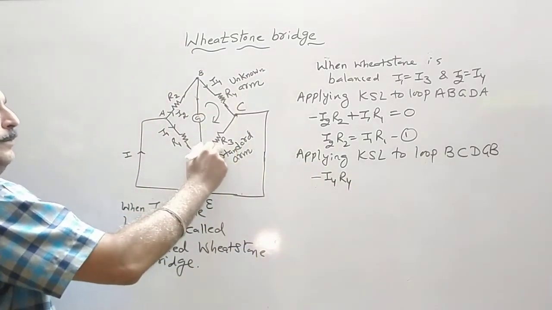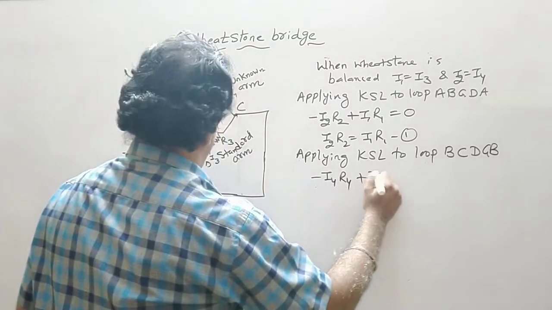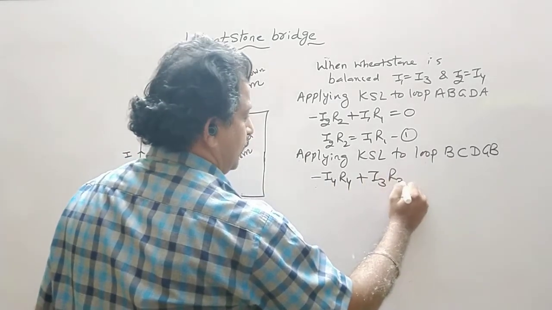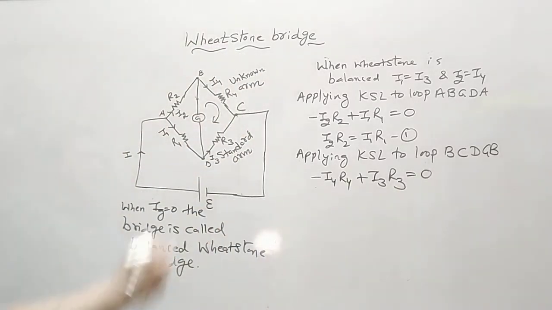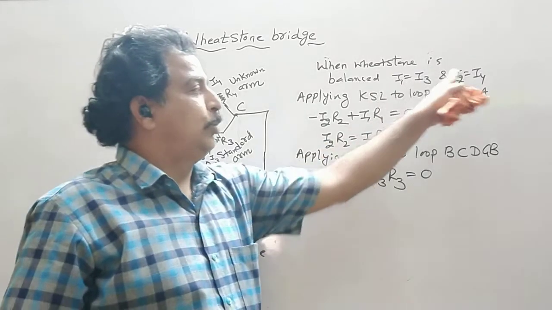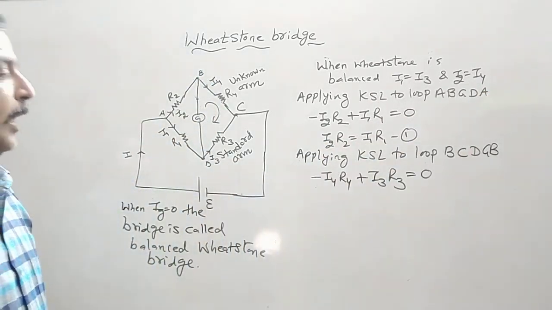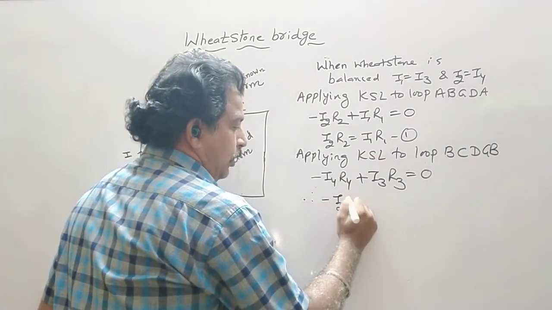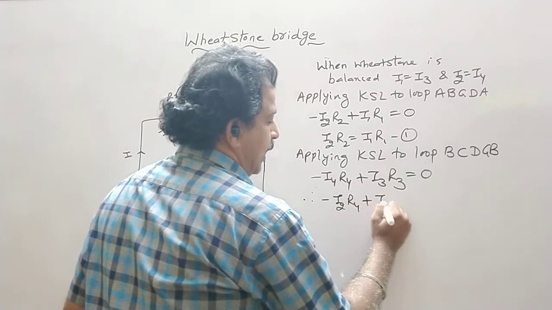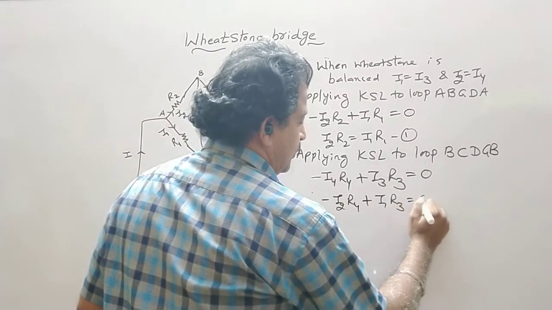Current is coming opposite to us, so I3 R3 equal to 0. There is no current in DB arm. Now I1 is equal to I3 and I2 is equal to I4. So therefore minus I2 R4 plus I1 R3 is equal to 0.